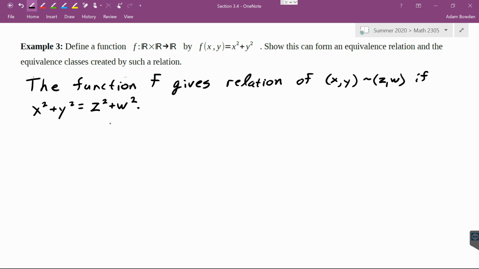Now what we want to do is demonstrate that this is an equivalence relation, and then go about looking at the equivalence classes. So first off, is it reflexive?